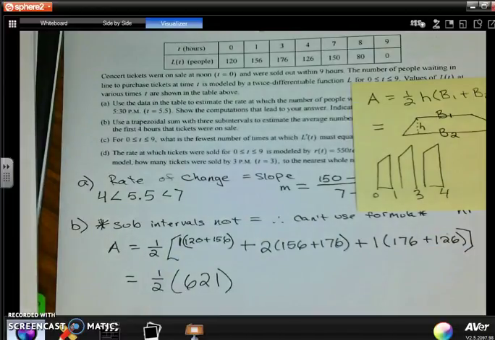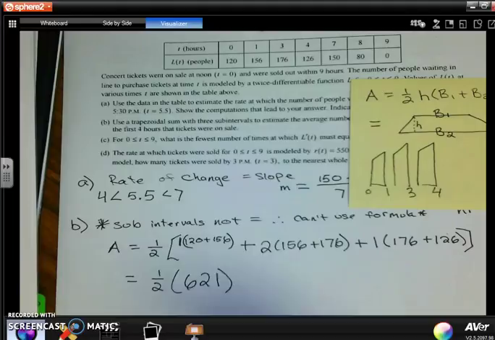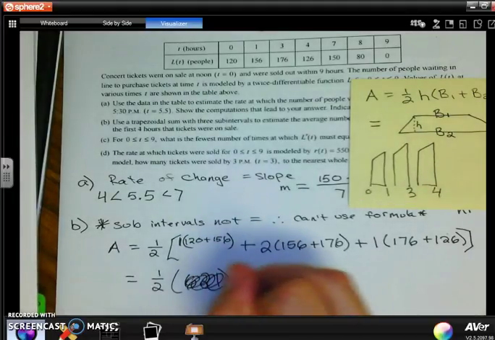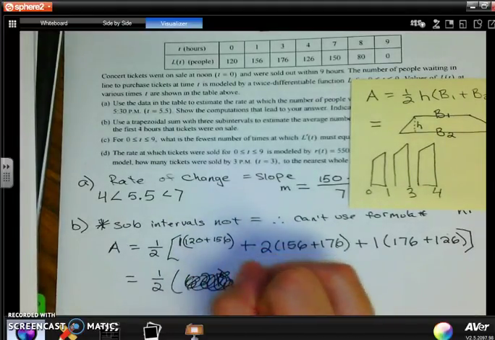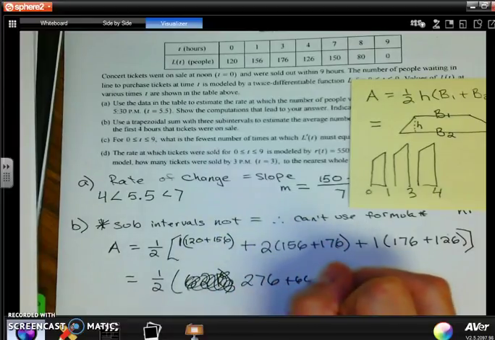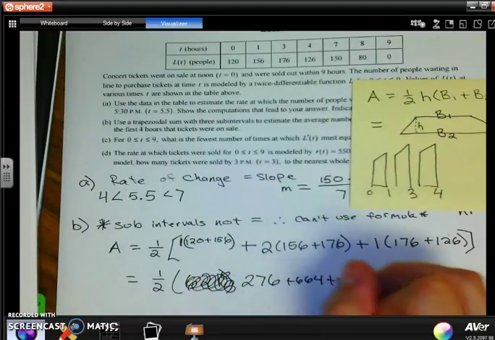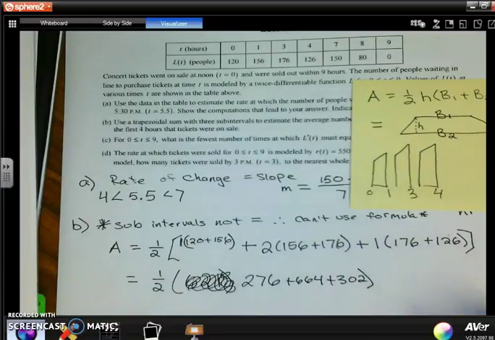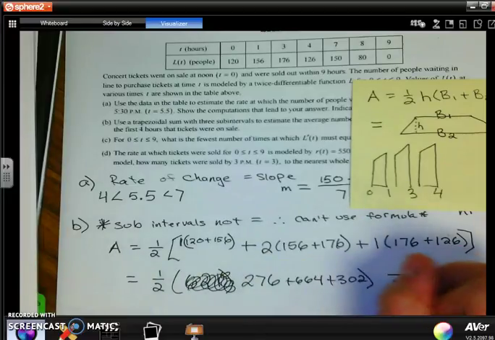Whoops, sorry. So I got 1/2, and then this number was 276 plus 664 plus 302, okay? And so after you add all those together, then divide by 2, that gave me a total of 621.